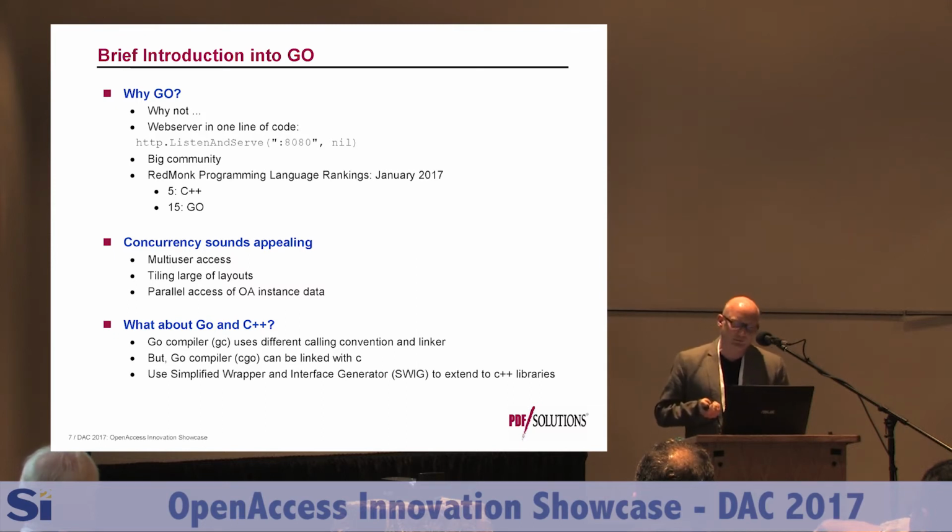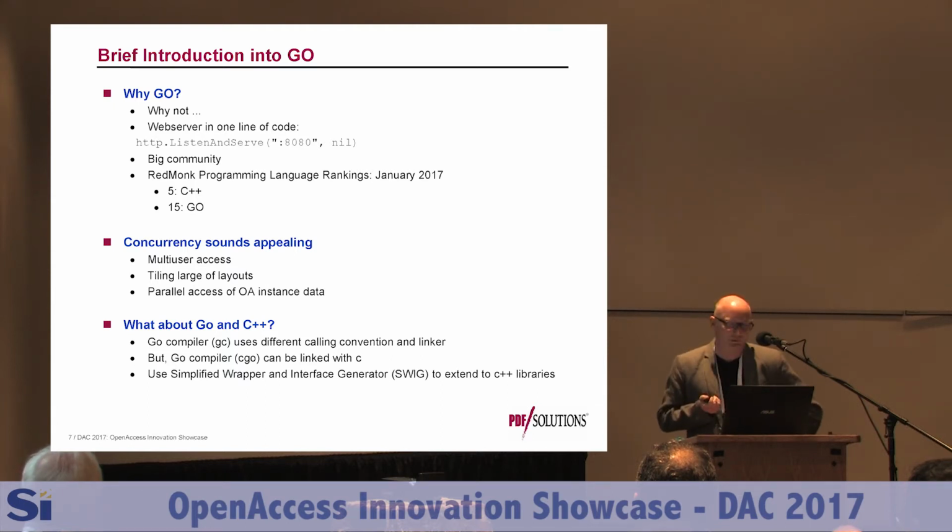The other thing which sounded really appealing to me was concurrency inside Go. Go was built with concurrency in mind, and that's kind of a cool idea. Where could we utilize this? Okay, we have multi-user access, of course. It's a web-based system, so that might be handy. If we have large layouts, maybe we can do something like tiling it, breaking it down, and working concurrently in reading it, accessing it.